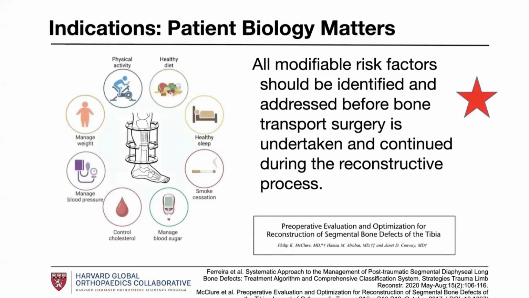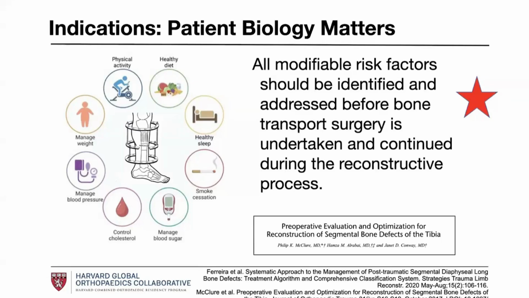Because if we have a patient that, for instance, has low vitamin D or is a smoker, can we supplement their vitamin D or get them off of tobacco products? That is really going to increase the likelihood of success when we do a bone transport and try to reconstruct their limb.